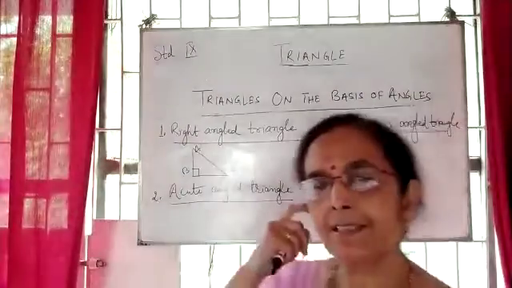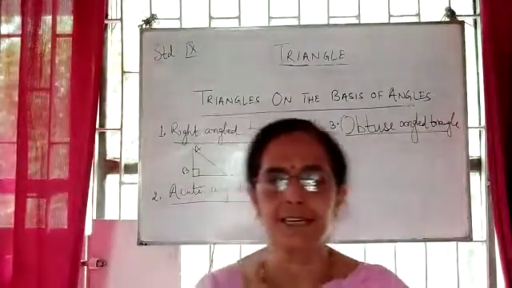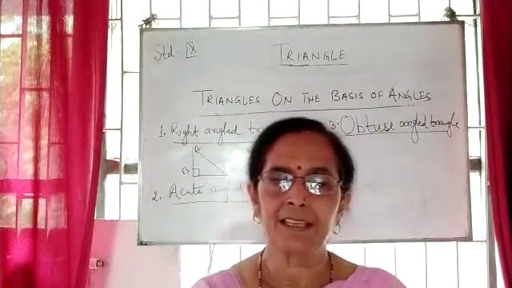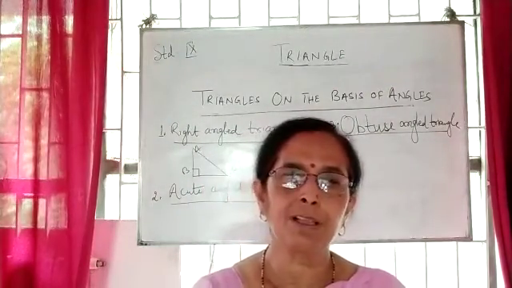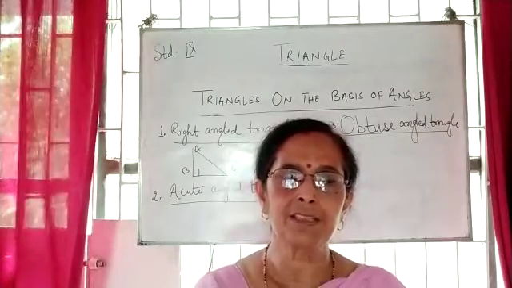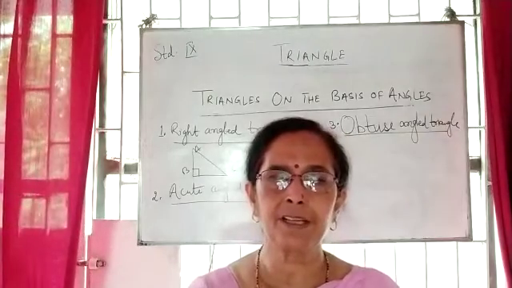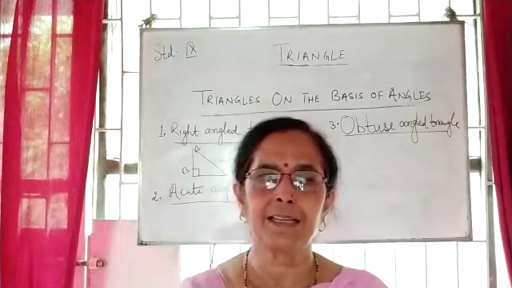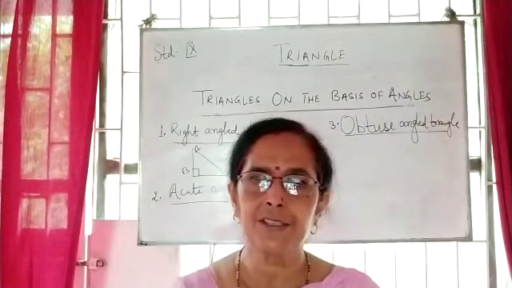And the second triangle is acute angle triangle. You know a triangle has three angles. If all the three angle measures are more than 0 degrees but less than 90 degrees, then that kind of triangle is an acute angled triangle.